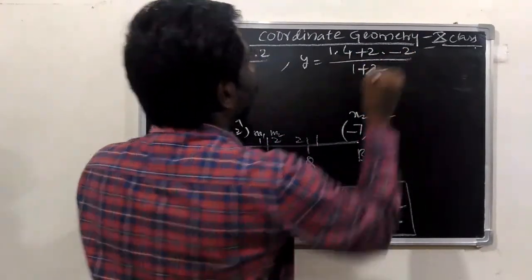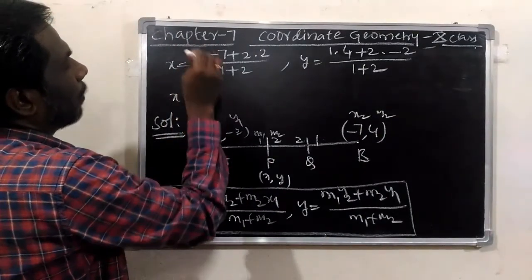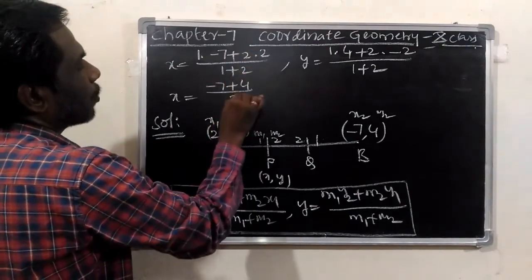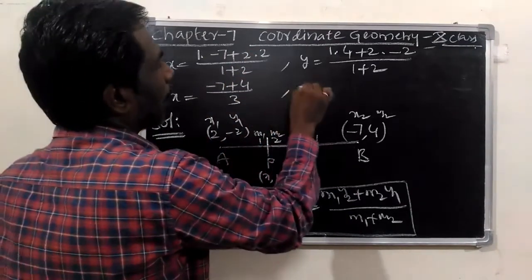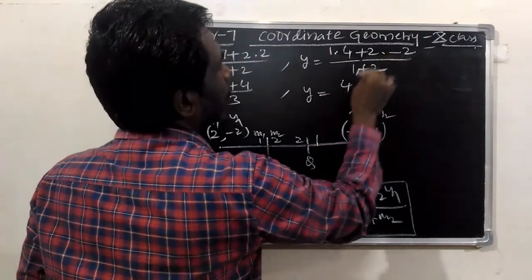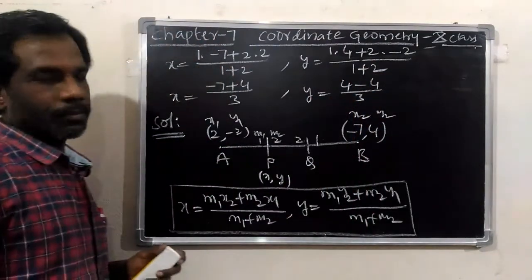by 1 plus 2. Now simplify it. x equals 1 into -7, that is -7, plus 2 into 2, by 1 plus 2, which is 3, comma, y equals 1 into 4 plus 2 into -2 by 3.